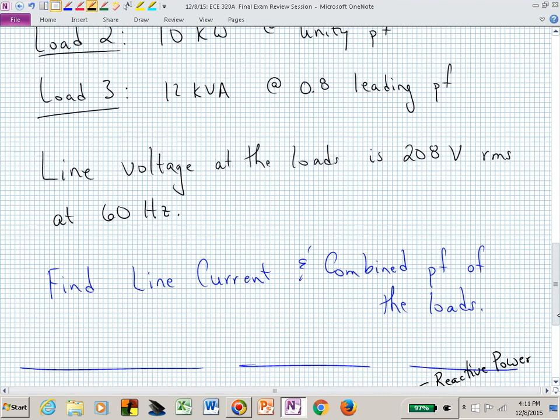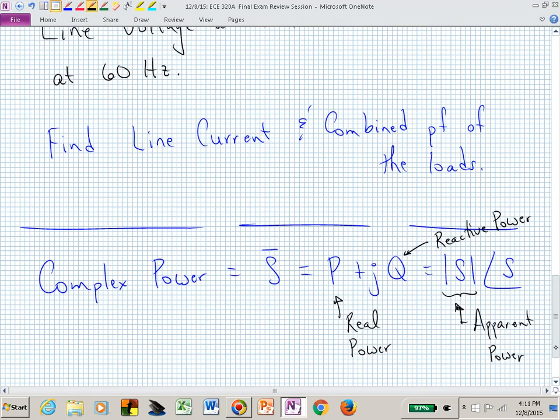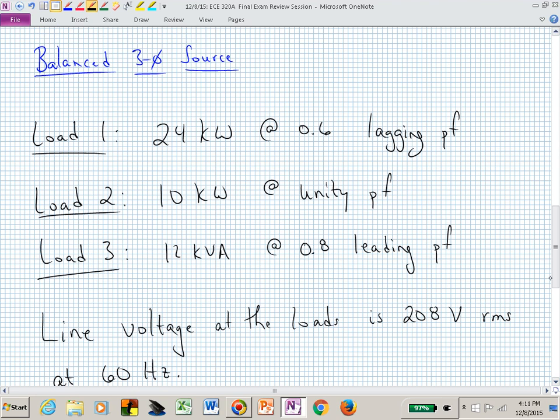Now, going back to our problem, that was just good information to know. But returning to our problem, what can you tell me just by looking at load number 1? If somebody said in an interview, oh, you have a load that's absorbing 24 kilowatts at a lagging power factor of 0.6, what could you just quickly tell them?